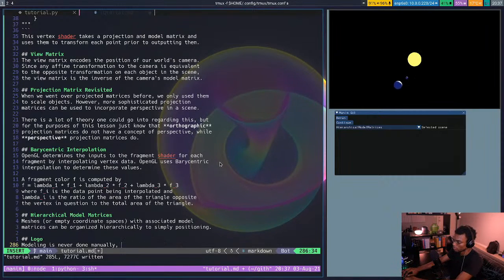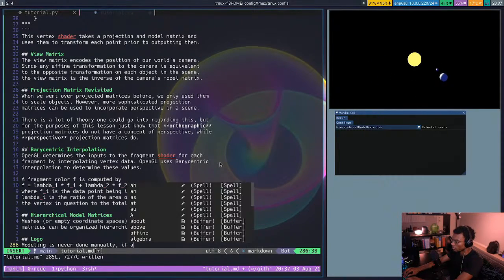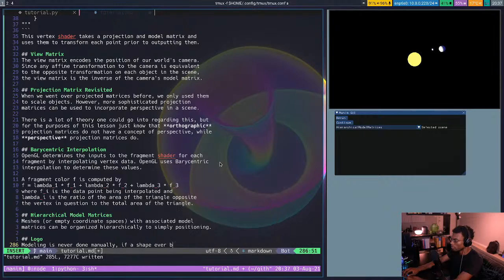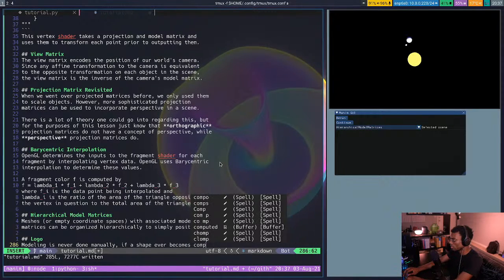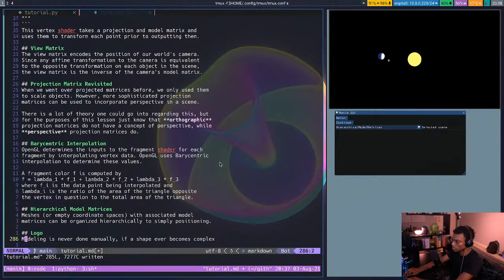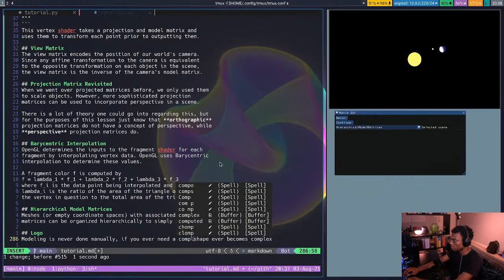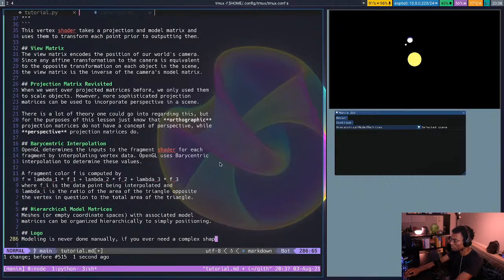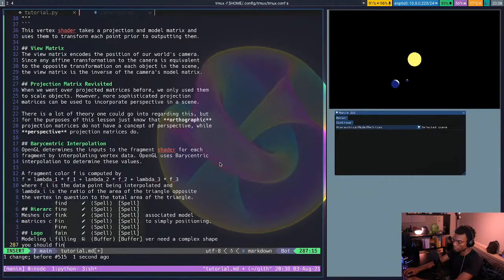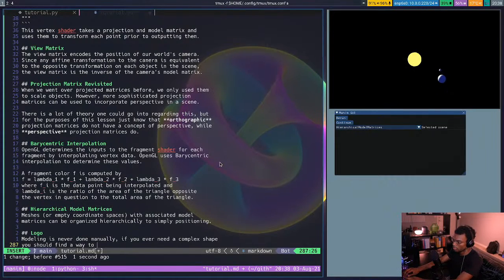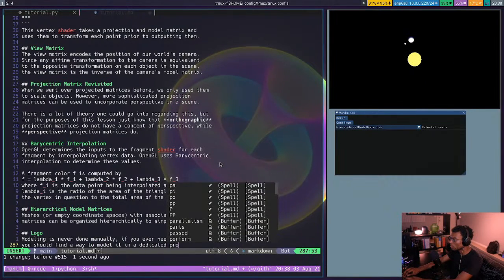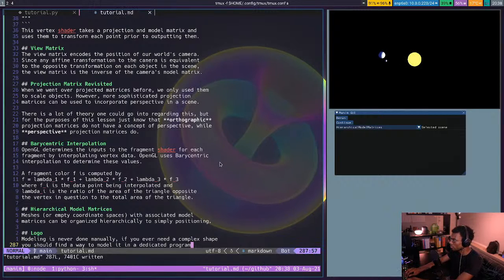I'll just say if a shape ever becomes complex, or if you ever need a complex shape, you should find a way to model it in a dedicated program.